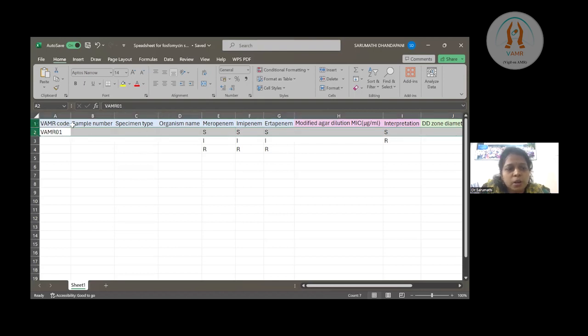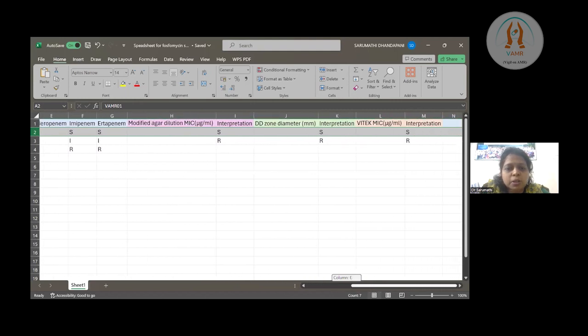If per day you are testing 3 isolates for fosfomycin, you are going to use 3 rows. For that you have to repeat the VAMR code, and write a different sample number, specimen type, organism name, and the meropenem, imipenem, ertapenem interpretation for each of these isolates.